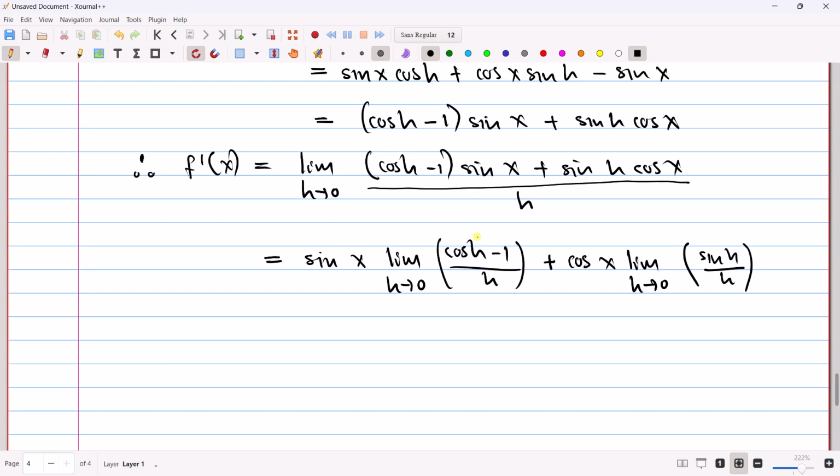If you look at this limit here, if you evaluate the limit of the top and bottom functions, they are both 0 as h approaches 0. So at this point you apply the familiar L'Hopital's rule.